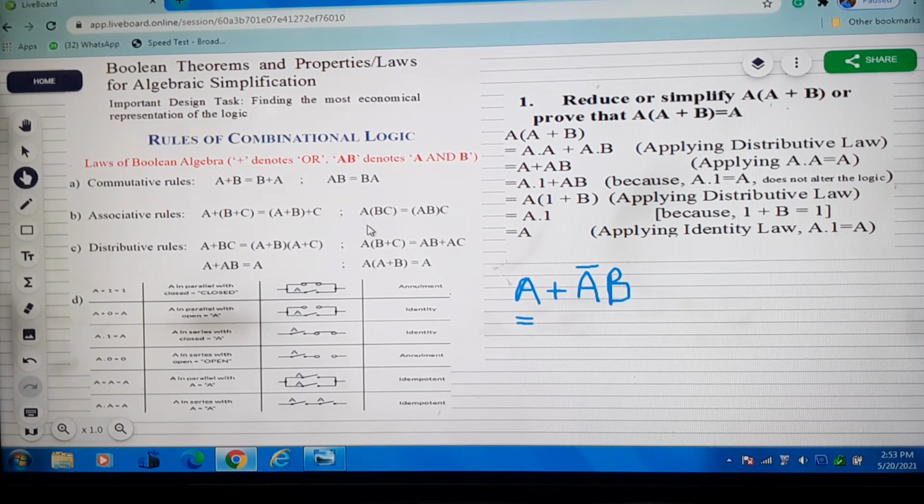Similarly, AND operation also follows the associative law as shown in this expression.